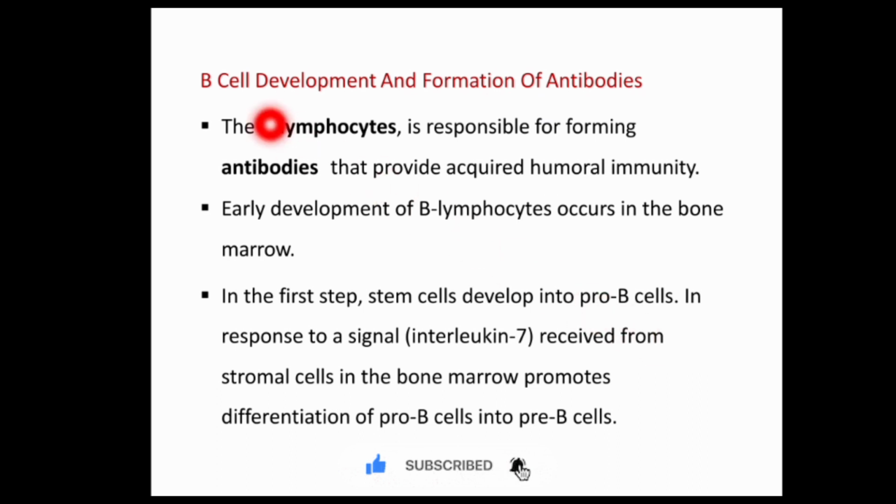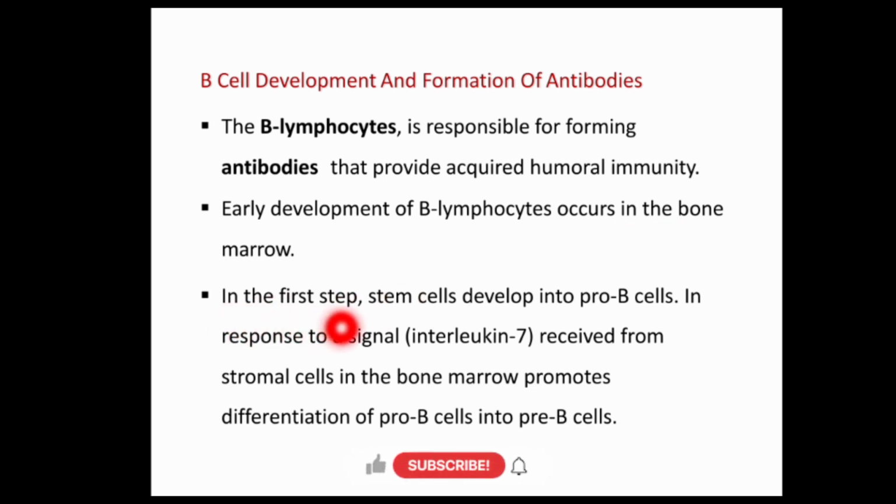Coming to humoral immunity, that means B cell development and formation of antibodies. The B lymphocyte is responsible for forming antibodies, as we already saw, that provide acquired humoral immunity. Early development of B lymphocytes occurs in the bone marrow.